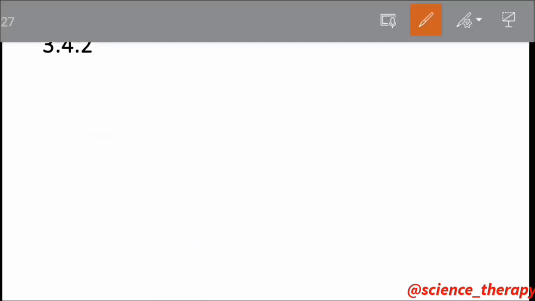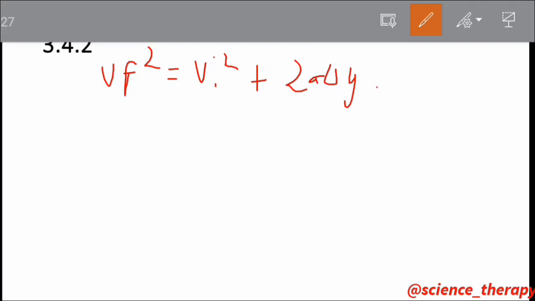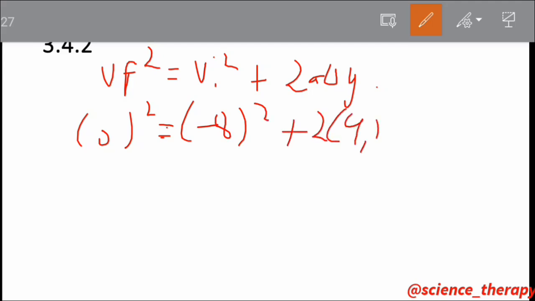So now, having all the data, we can still use the same formula we used on the previous question. Vf squared equals Vi squared plus 2a delta y. What is our Vf? It is 0. And what's our Vi? We have negative 8. Remember, it's now going upward. Then 2, 9.8, and delta y, right?